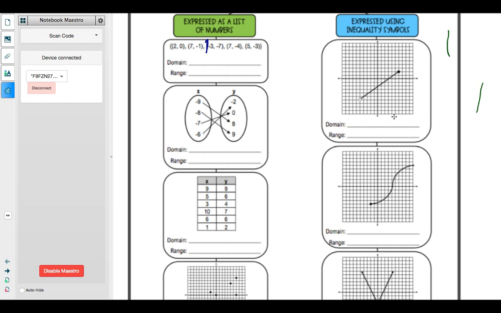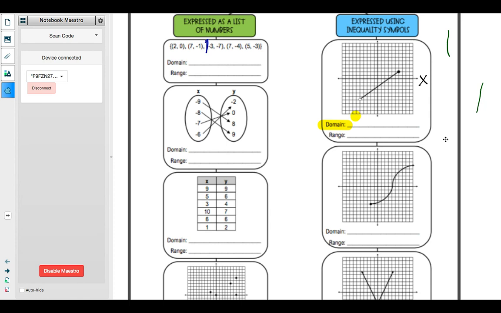So let's do this. The easiest way to do it, we always want to start with domain first. So for domain, I am going to use a yellow highlighter to represent my domain. Again, we want to look at our X's. So I am going to go left to right and crop this graph, and that's why I'm going to use the highlighter.